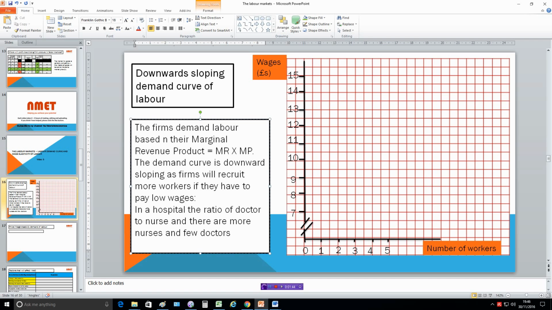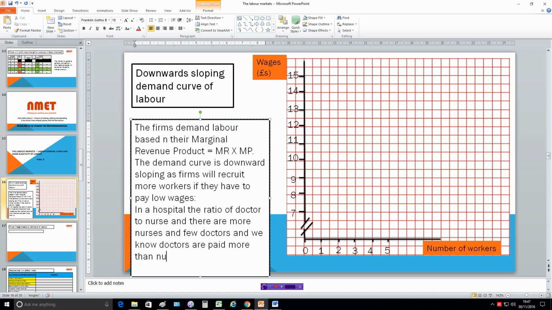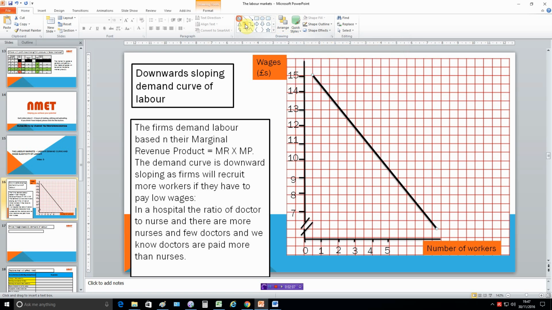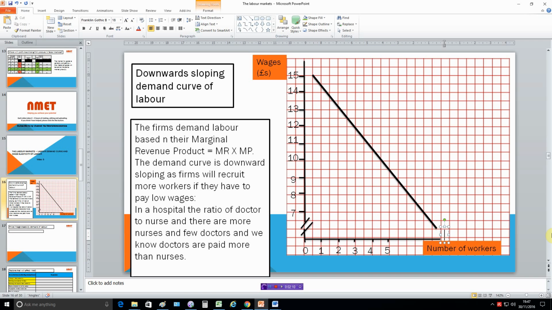Doctors, more than nurses. Okay, so we've established that the demand curve is downward sloping, and it is equal to the marginal revenue product of labor.